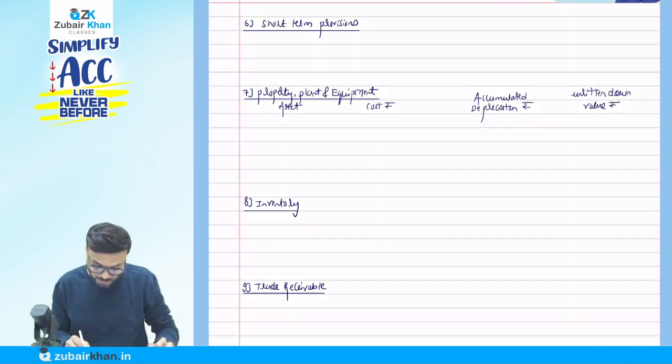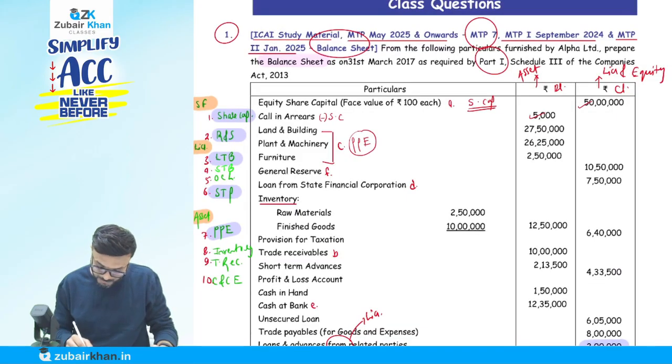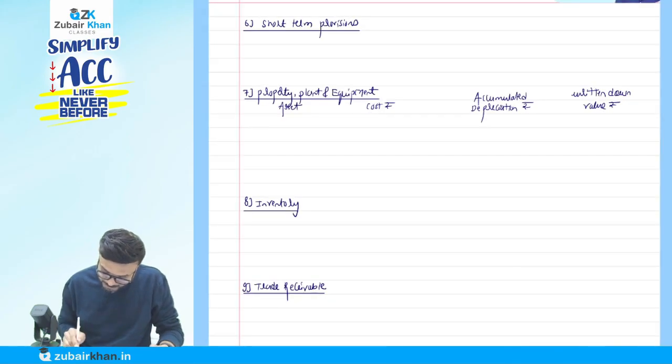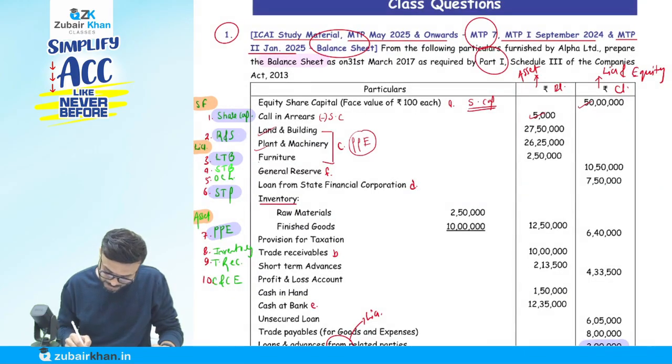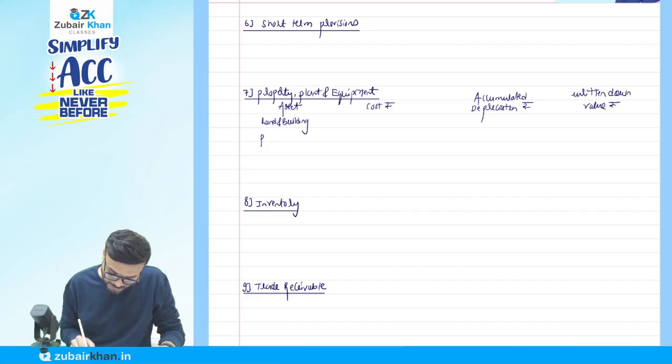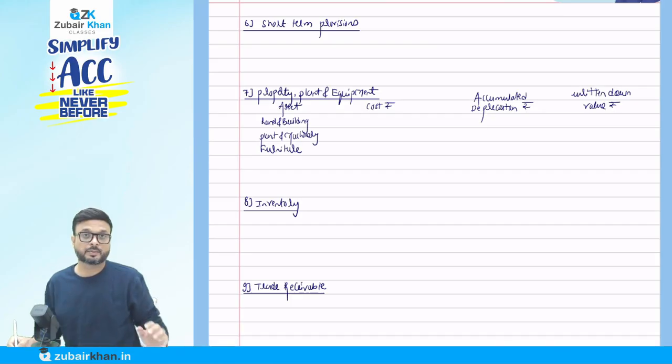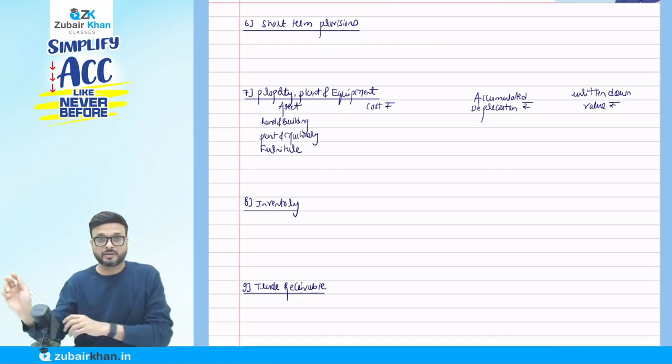Now understand this one. Write down each of them one by one. Land and building, then plant and machinery, and furniture. Land and building, plant and machinery, and the furniture that we have.